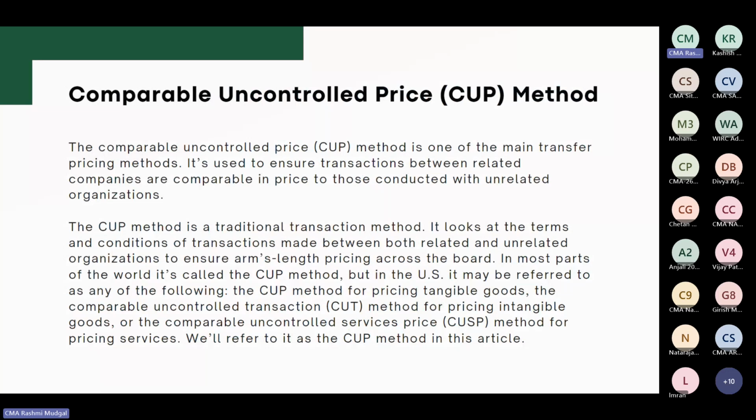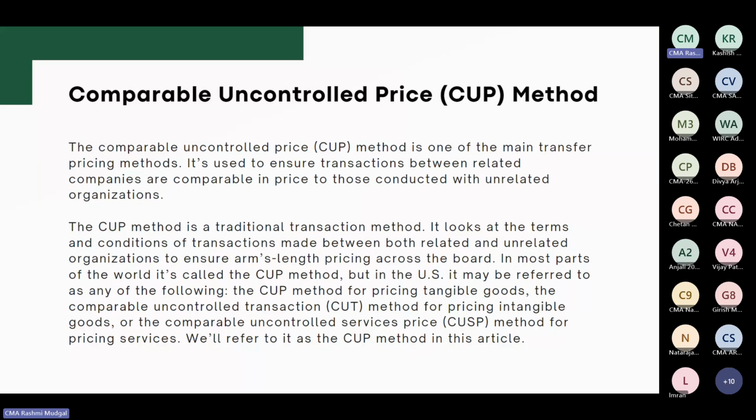Firstly, the CUP method is a traditional transaction method. It looks at the terms and conditions of transactions made between both related and unrelated organizations to ensure arm's length pricing across the board.